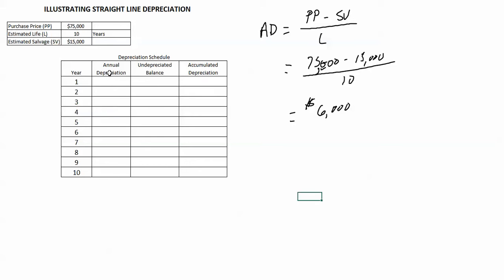The annual depreciation is the amount of that depreciation you're going to allocate or prorate to each year. This undepreciated balance is the amount of the original purchase price that has not yet been prorated or depreciated. And the accumulated depreciation is a cumulative running total of how much of the depreciation has actually been allocated.